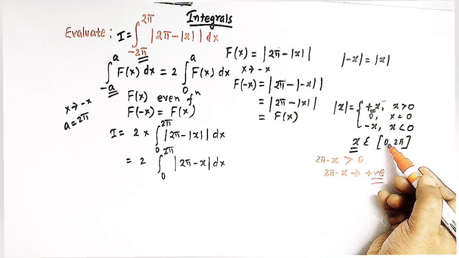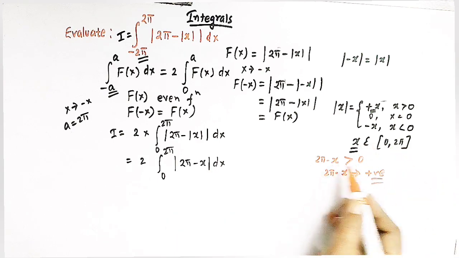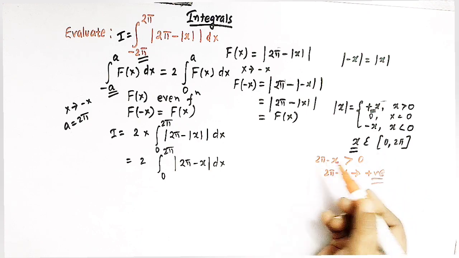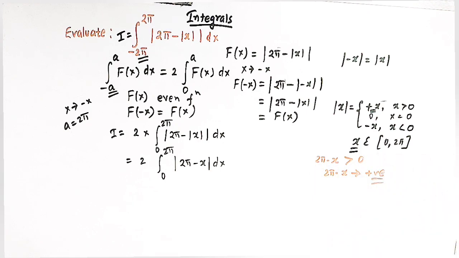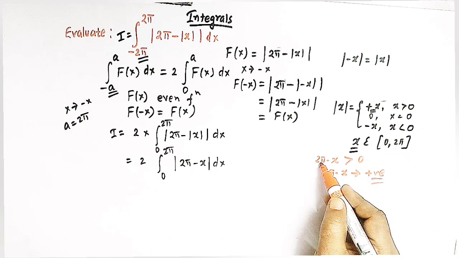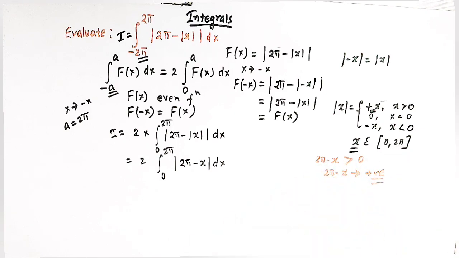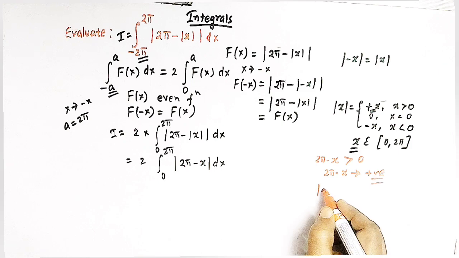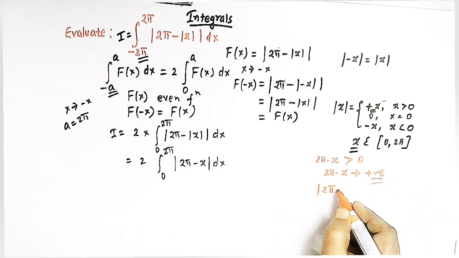And when we take x equal to 0, then we have 2 pi, which is obviously greater than 0, and when x is equal to 2 pi, then we have 2 pi minus 2 pi, that is 0, right? And in that case 2 pi minus x is equal to 0. So we can now apply the definition of mod function.